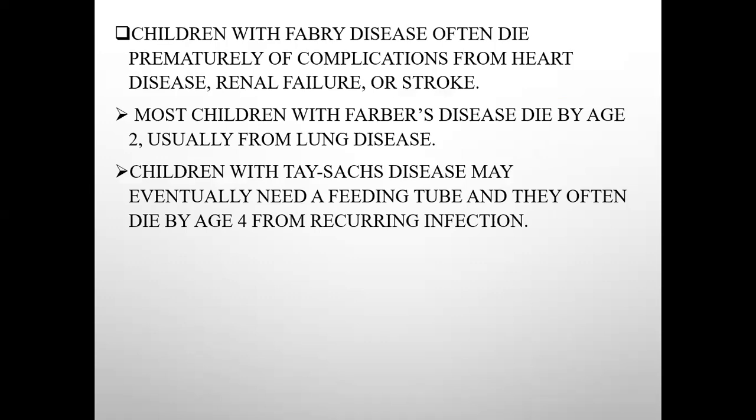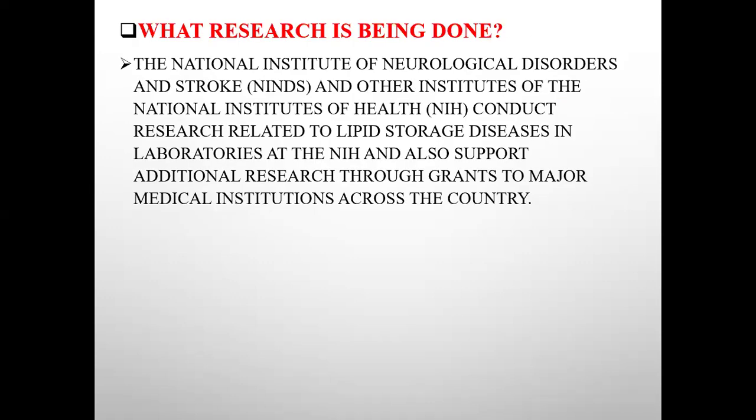Children with Fabry's disease often die prematurely of complications from heart disease, renal failure, or stroke. And most children with Fabry's disease die by age 2, usually from lung disease. Children with Tay-Sachs disease may eventually need a feeding tube, and they often die by age 4 from recurring infection.